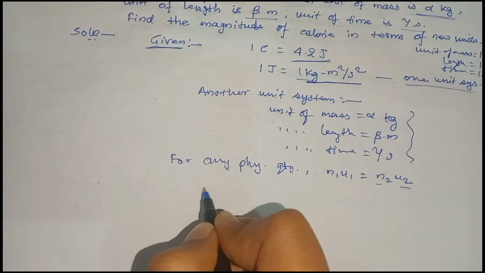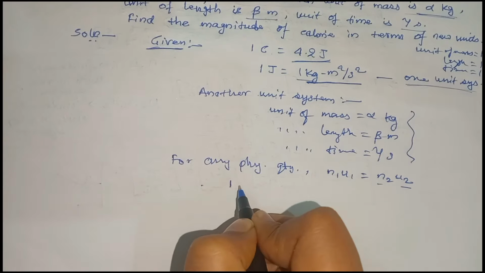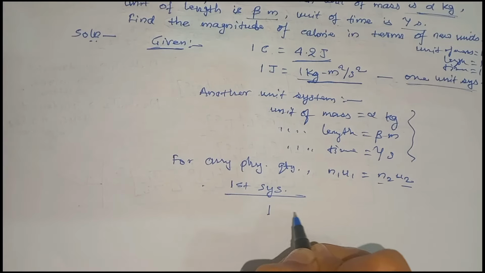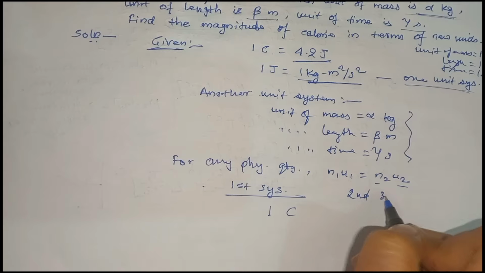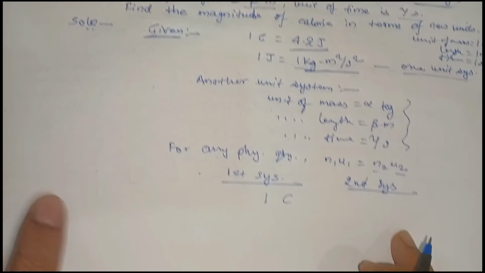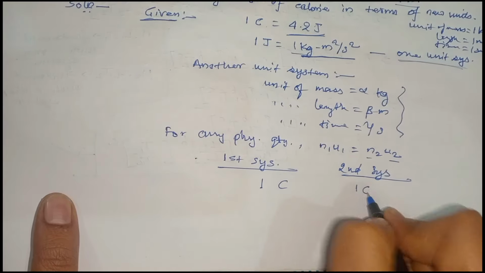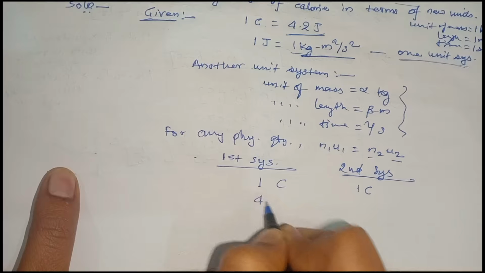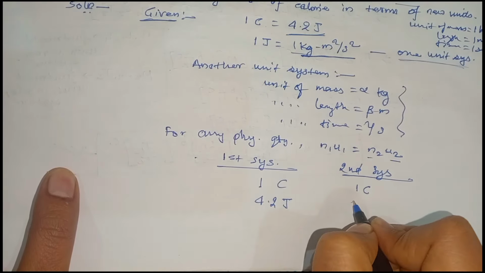In the first system, the energy is 1 calorie, and in the second system the energy will remain 1 calorie itself. In the first system we know it is 4.2 joule, and in the second system, this is what? 4.2.